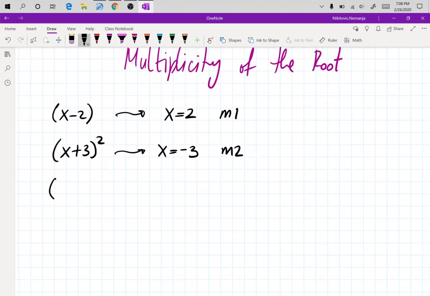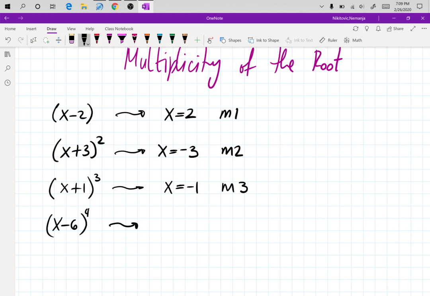If you say x minus 1 cubed, it will return the root x equals 1, and that's going to be called multiplicity 3. If you have x minus 6 to the 4th, that will return the root of x equals 6, and the root will have multiplicity 4.